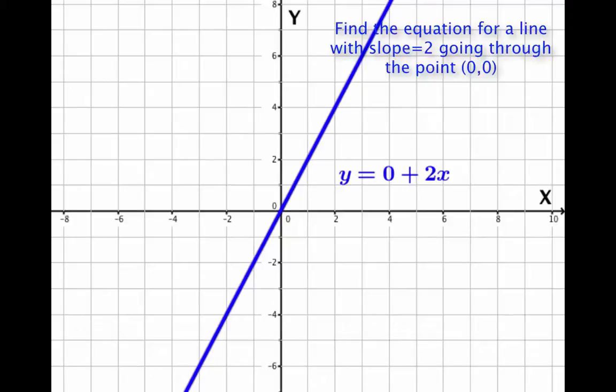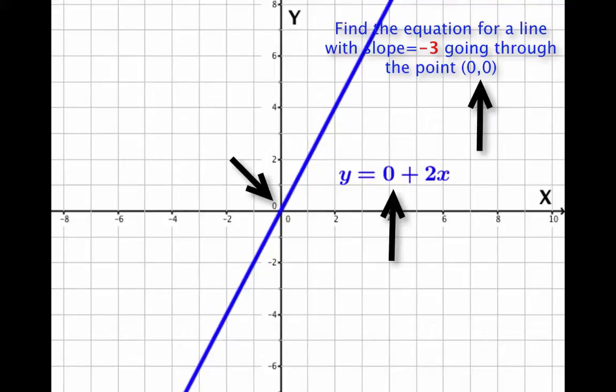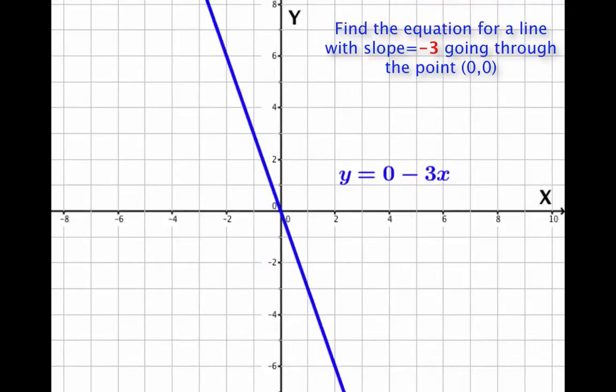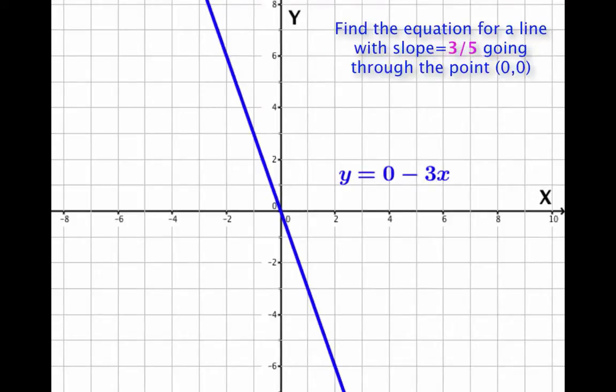All right, what if we wanted to have a line whose slope was negative 3, but still had the same y-intercept? I think the only difference in the equation would be that we have y equals 0 minus 3x, or just y equals negative 3x. Not so bad, and perhaps we see a trend developing. What if we wanted the slope to be 3/5, still containing the point (0, 0)?